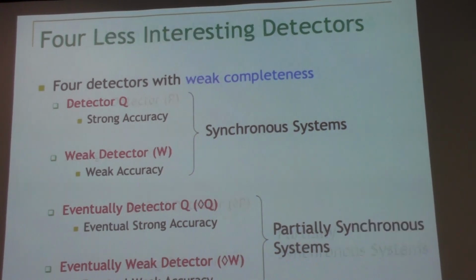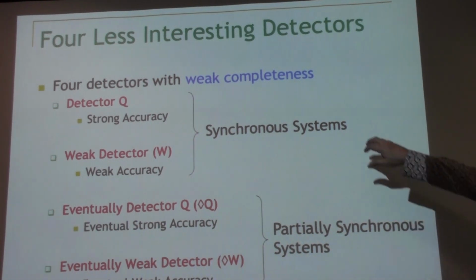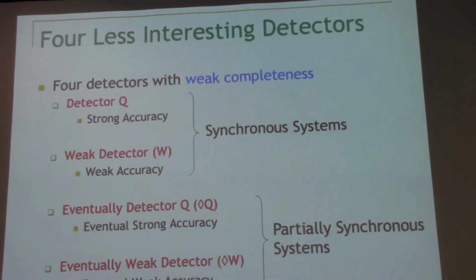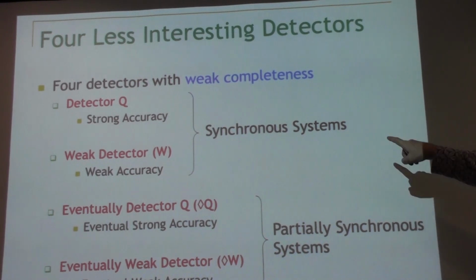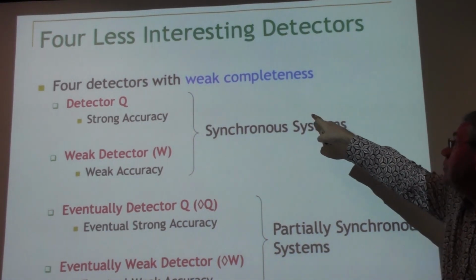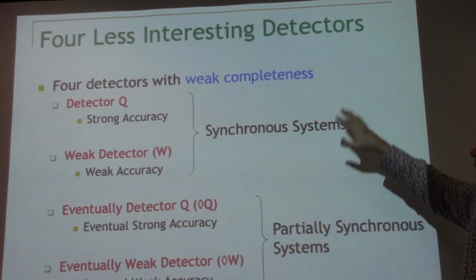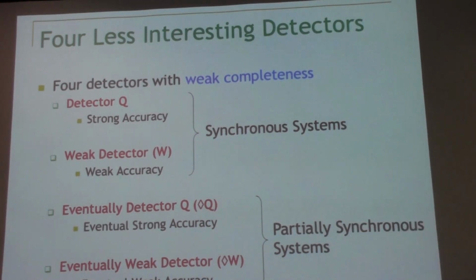Now, there are also four other ones. I'm just going to mention them, but we're not going to be really using them. These are the weak completeness ones. These are the ones where the completeness is only with respect to one node, so that there's basically one node that can see all the crashes. People were worrying about these.